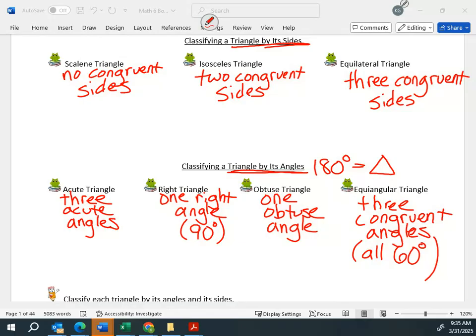Okay. Always read the directions because here's a tip. Every year on this test, I have friends not completely read directions and they don't label correctly. If it says what is the side name and it's only asking for a side name, don't give me an angle name. Make sure you're answering the question correctly.